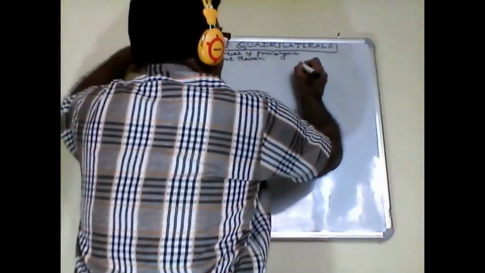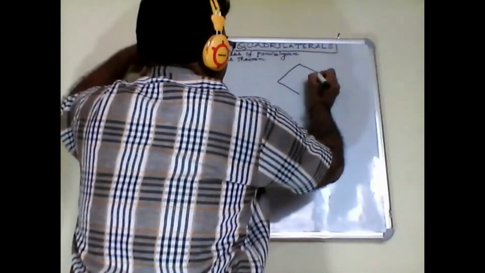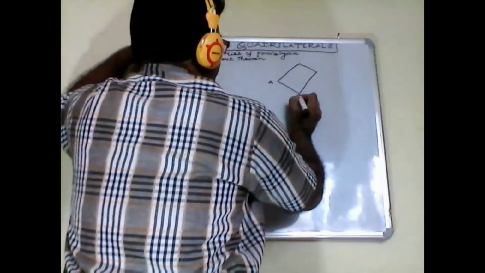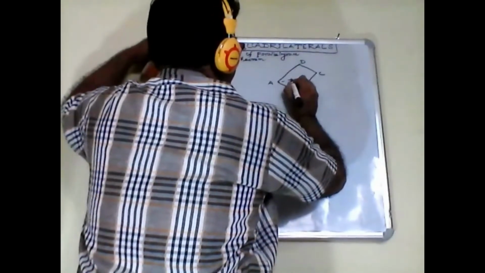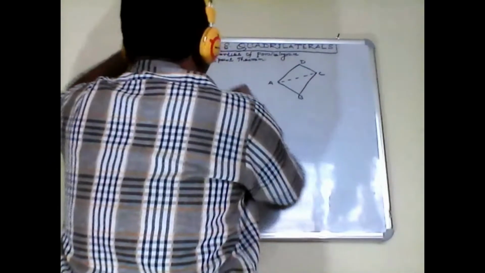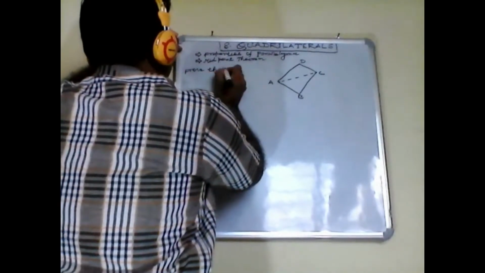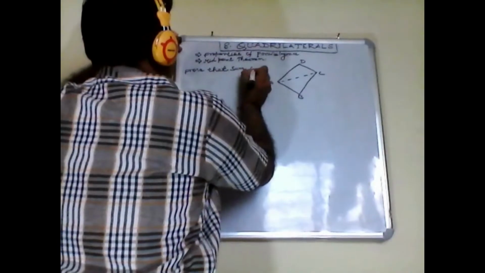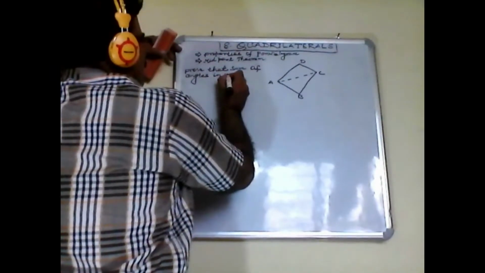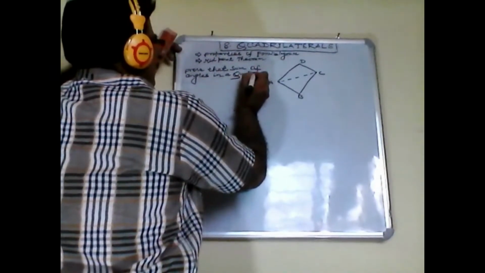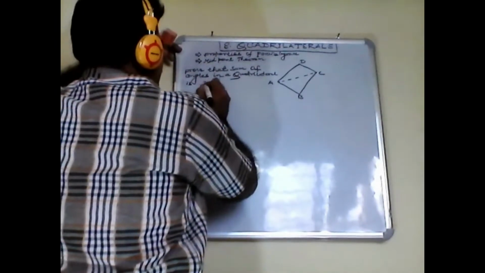Take a quadrilateral like this one, A, B, C and D. We have to prove that the sum of angles in a quadrilateral is 360.